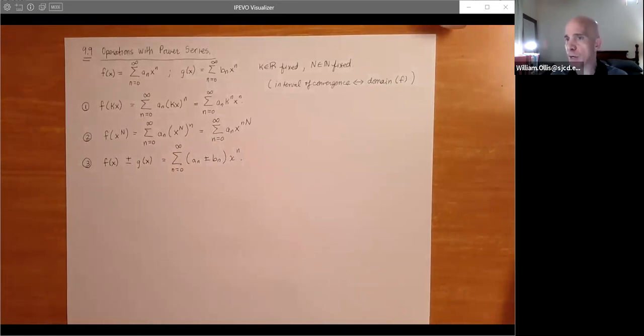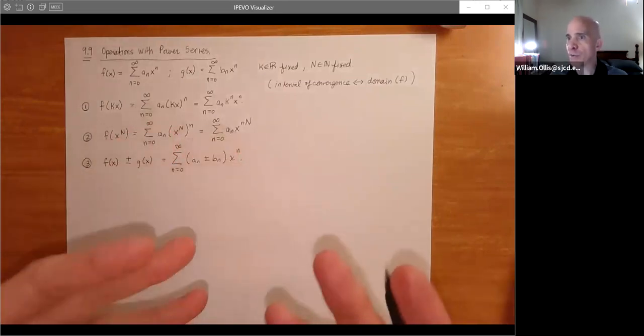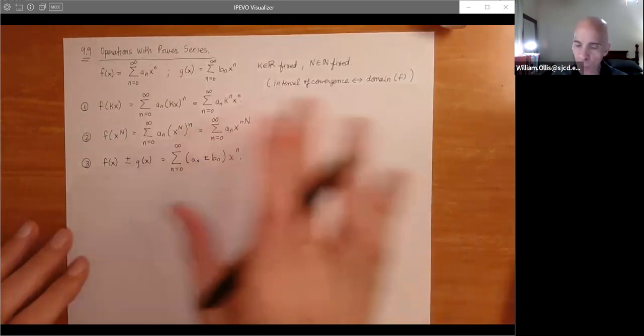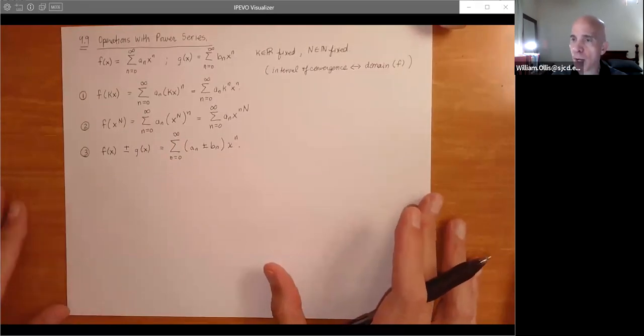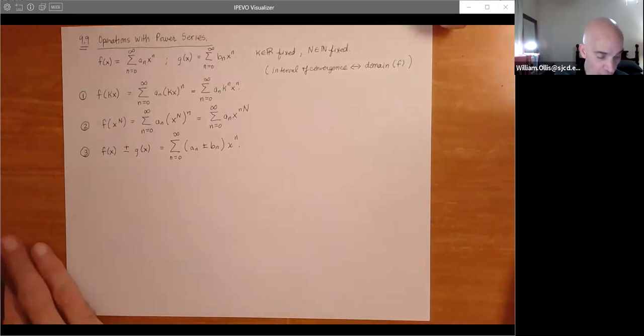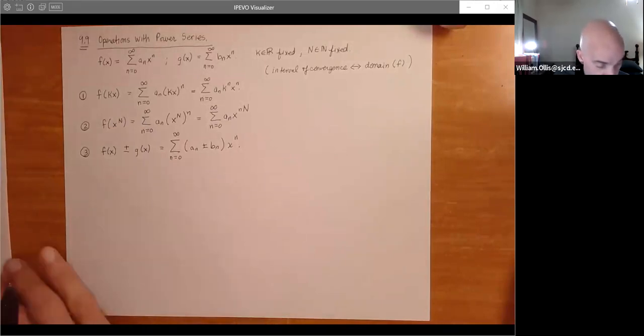Think about adding two functions: you certainly can't substitute a particular value of x that's not in the domain of both functions. That's why we always think about intersections. So nothing that we have done before will be thrown out. We'll keep it in our bag of tricks, so to speak.